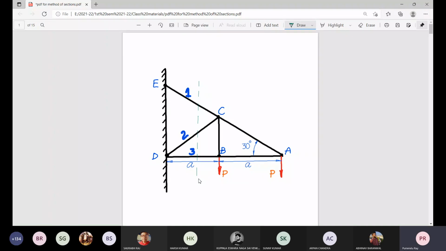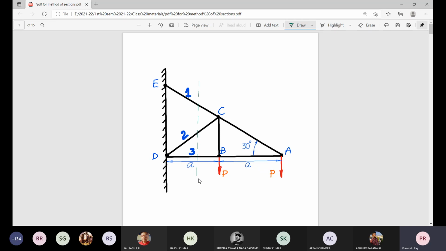Now we consider the right hand portion with reference to this cutting section, and normally for this simple problem we need only one cutting plane which passes through all these members which are required to be calculated, S1, S2, and S3.